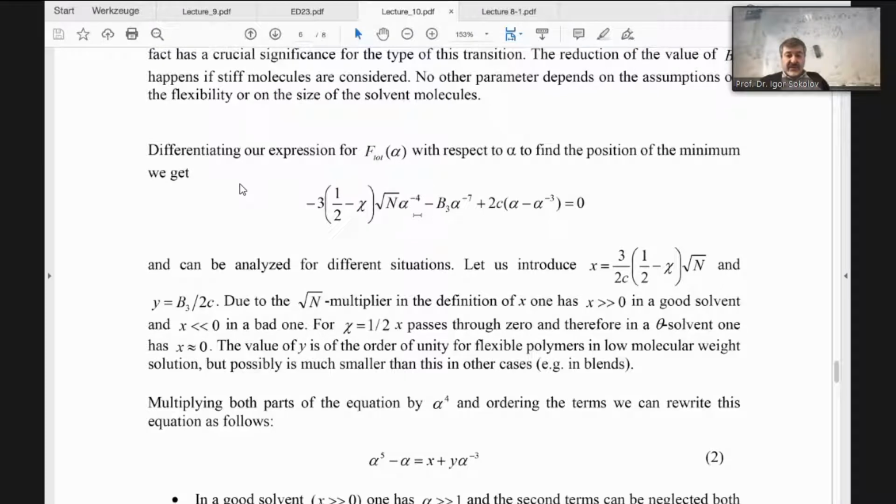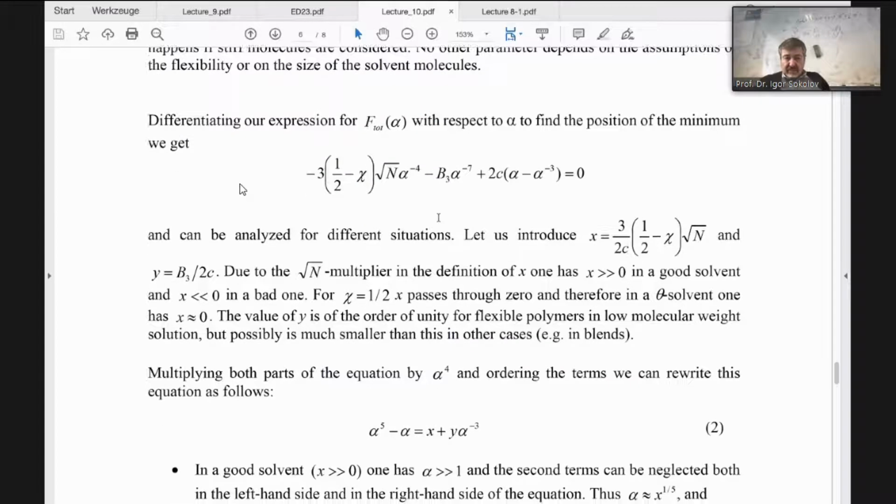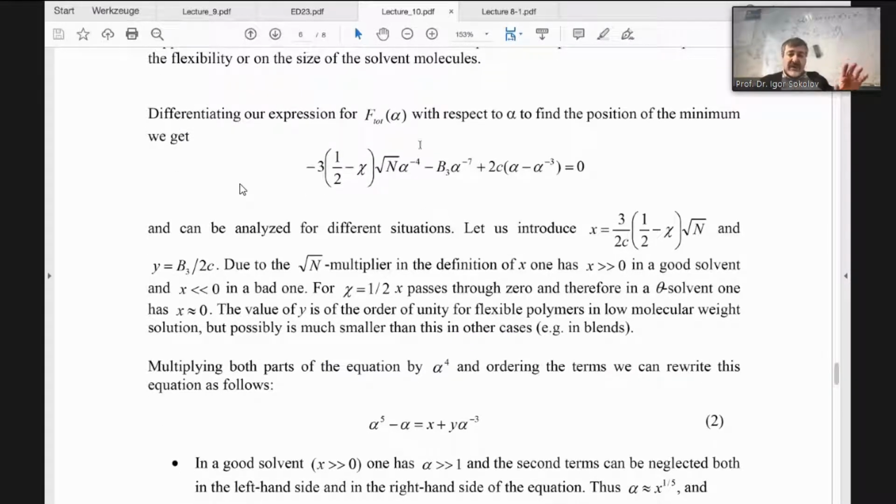There are essentially two free parameters, which I call x and y. X is this divided by c, or 2c. So I remove this. And y is this b3 divided by 2c. And c is of the order of 1. B depends on the molecular weight of the solvent.